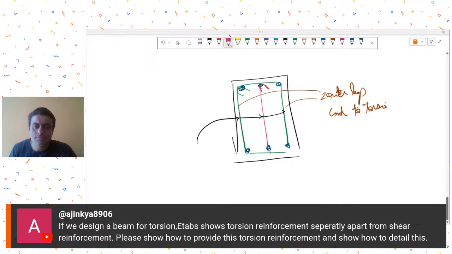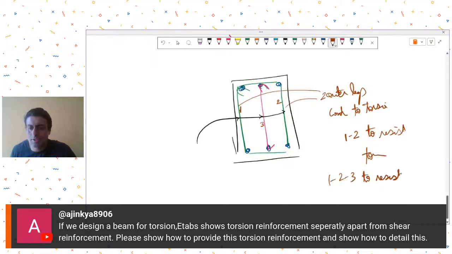So to resist the torsion, only the two outer legs will be effective. You will say that only legs 1 and 2 are going to resist torsion. To resist shear, all the three legs can be considered to be effective. So 1, 2, 3 to resist shear.